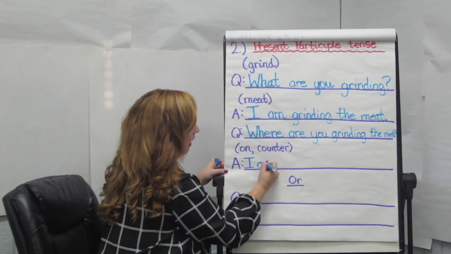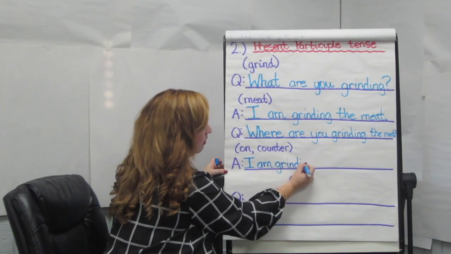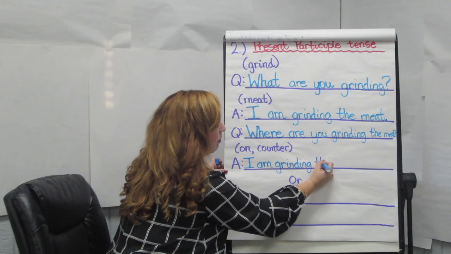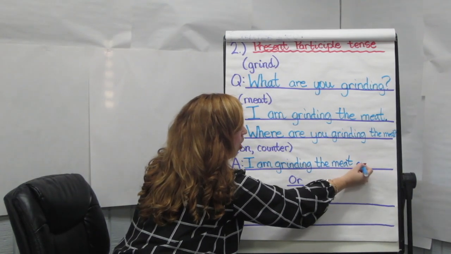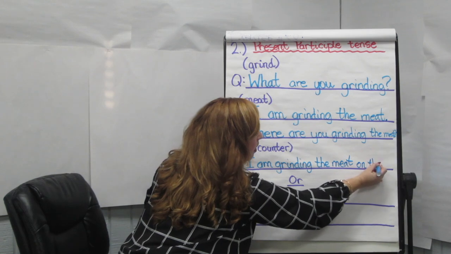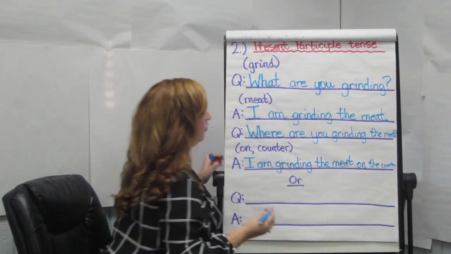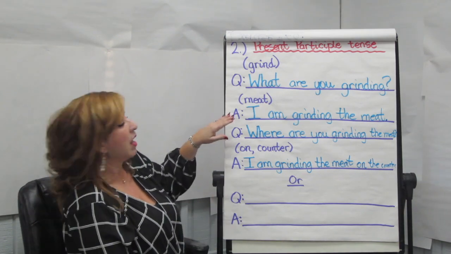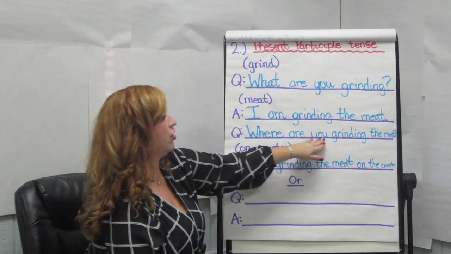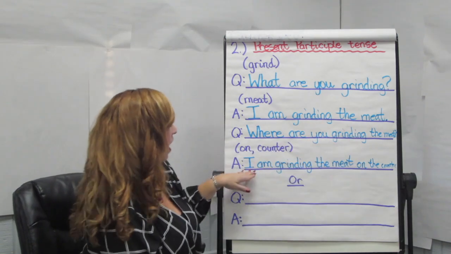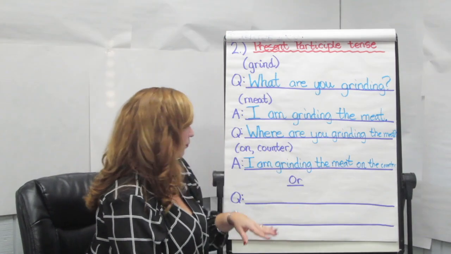I am grinding the meat on the counter. So again, where, remember, is the location. Where are you grinding the meat? I am grinding the meat on the counter.